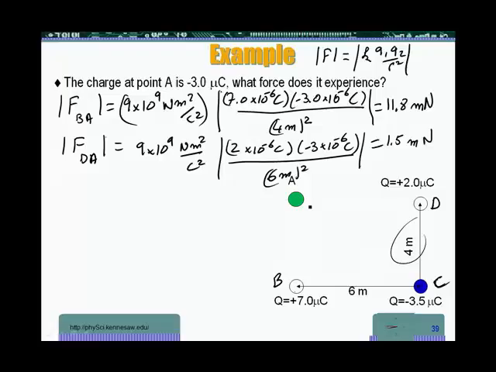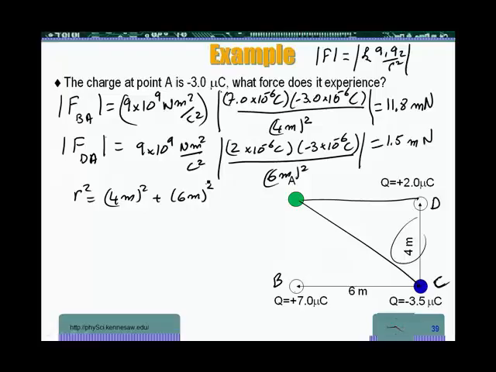Now, the last one we have to calculate is not that complex, except we have to find the distance r. This is my distance r. Okay, my distance r, I can find it using the Pythagorean theorem. So I have r squared is going to be equal 4 meters squared plus 6 meters squared. Okay, so 6 squared, that's 36, plus 4 squared, that's 16.